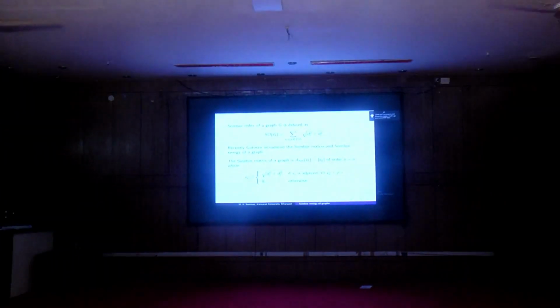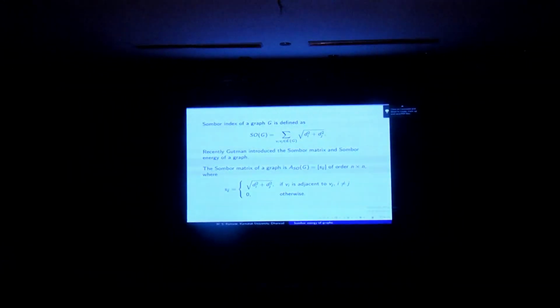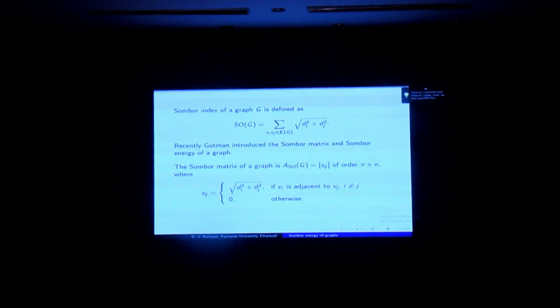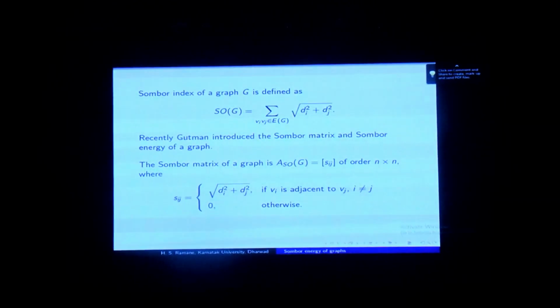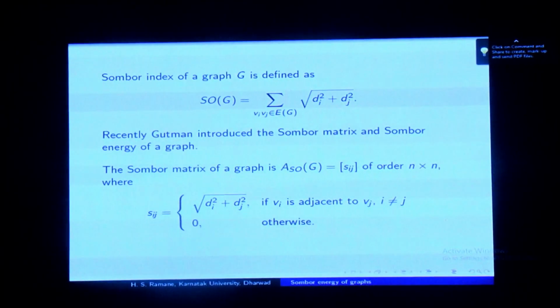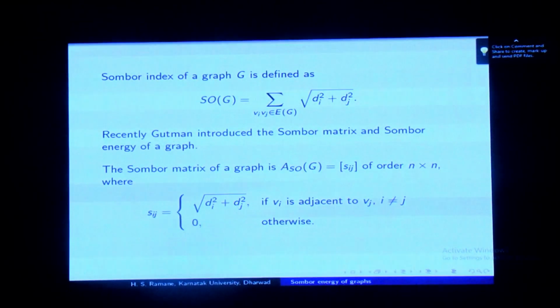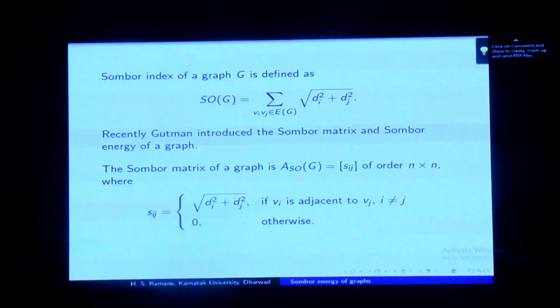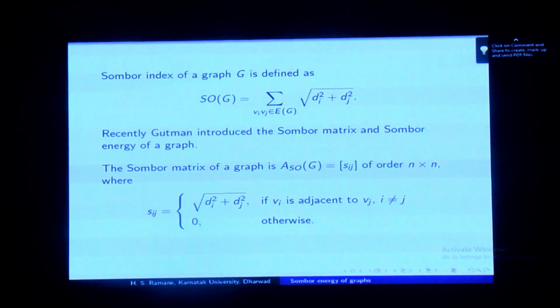So this is the distance between the origin (0, 0) and the point (di, dj). So it has a geometric meaning. We take the summation of all those distances, over only the adjacent points, not all pairs. That is called the Sombor index.